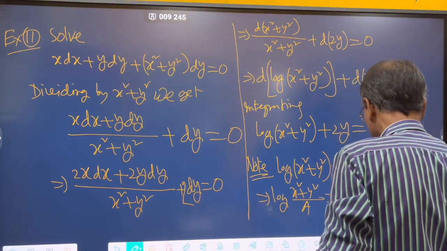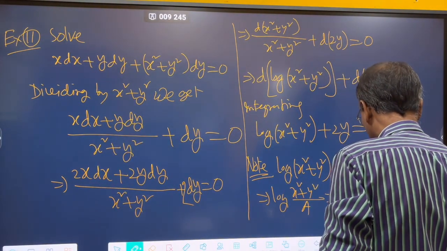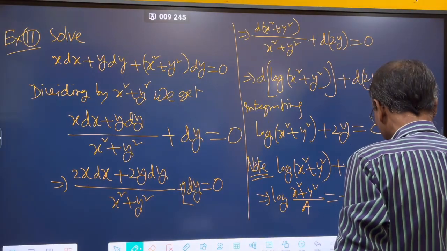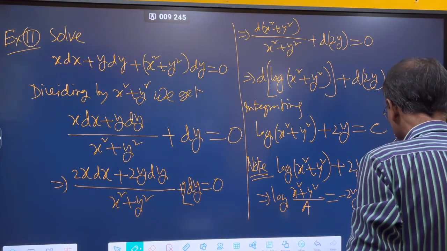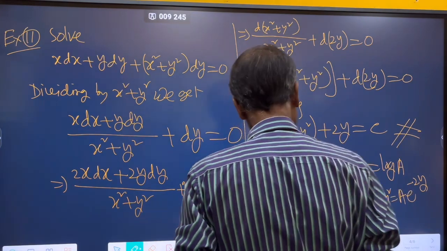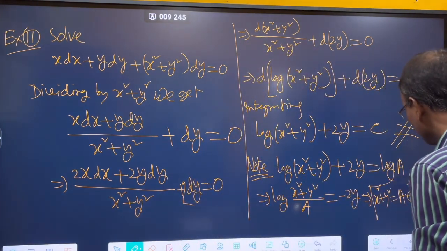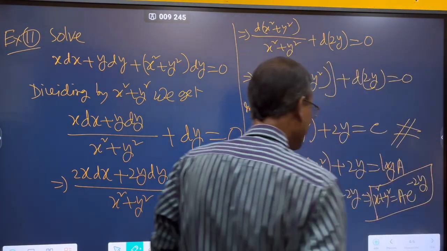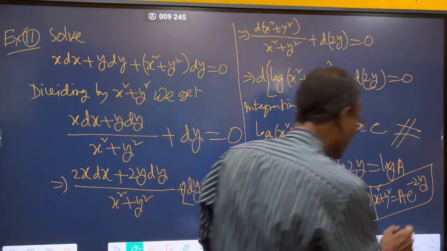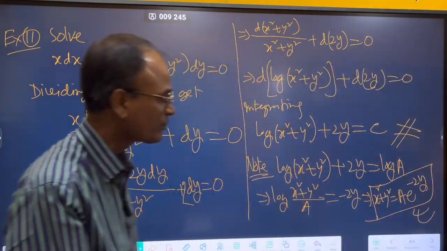Or you may write x square plus y square equal to A e to the power minus twice y. This is the answer. You may write it in another form also.